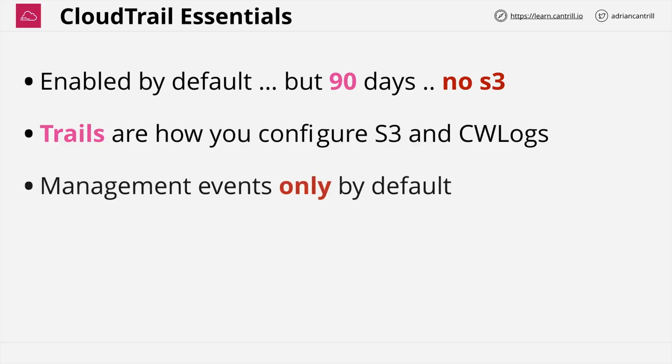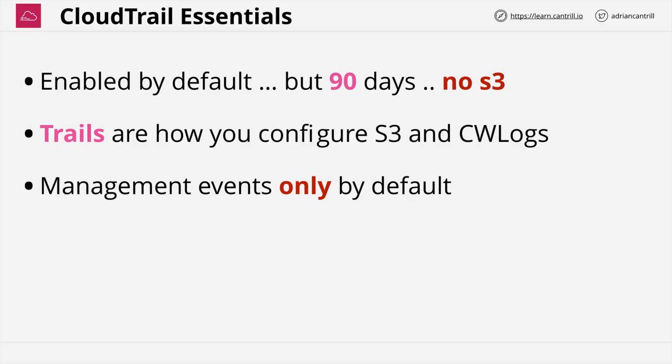Now the default for trails is to store management events only. So this only includes management plane events: creating an instance, stopping an instance, terminating an instance, creating or deleting S3 buckets, logins to the console. Anything that's interacting with AWS products and services from a management perspective is logged by default in CloudTrail.